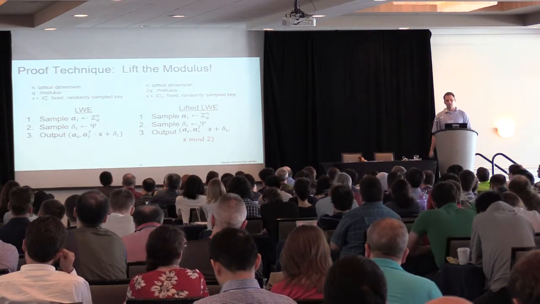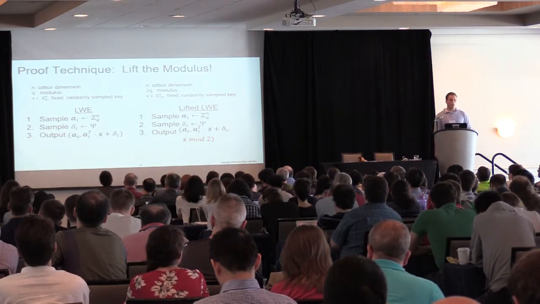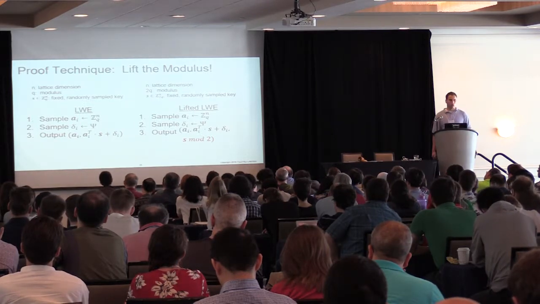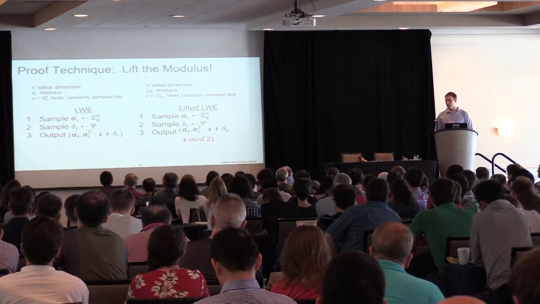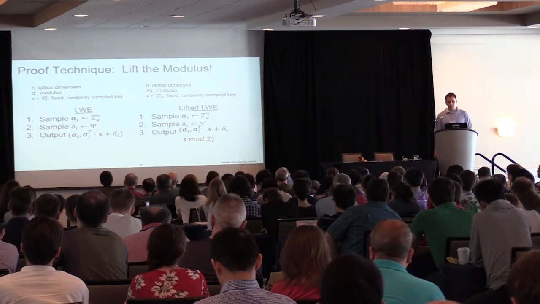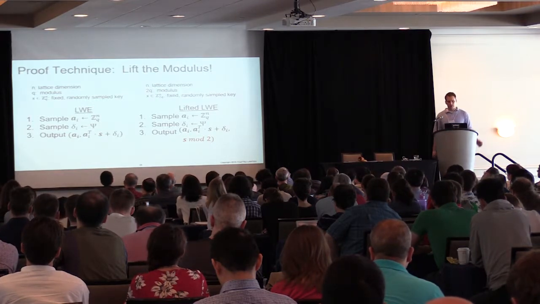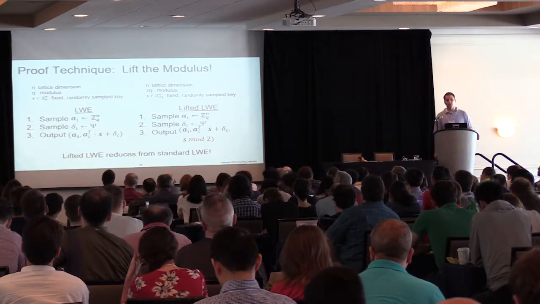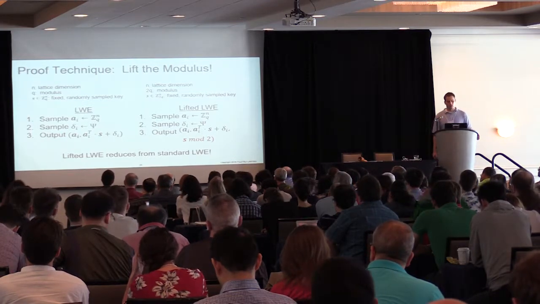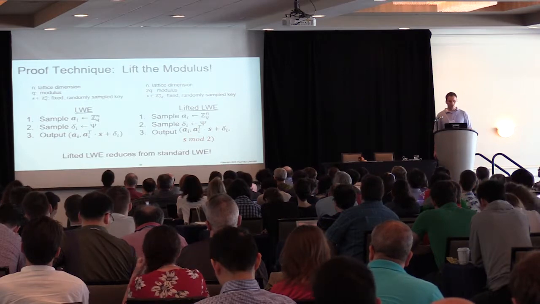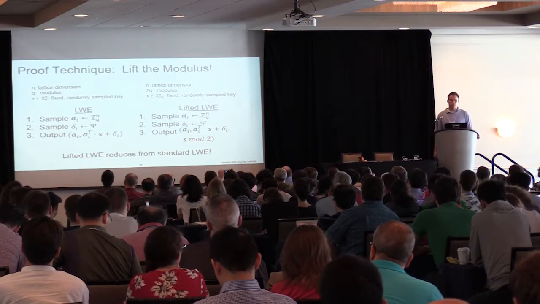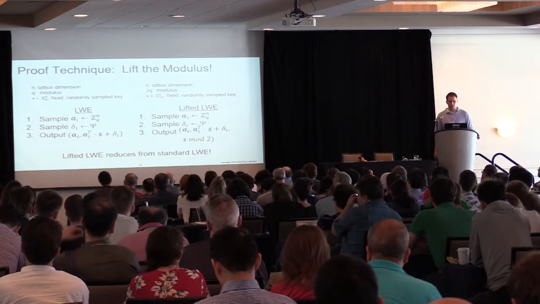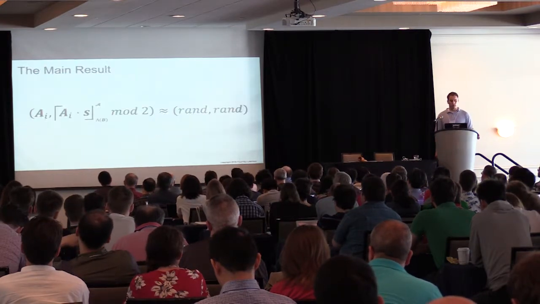So we can leak a little bit of information about the secret and still have security. You might guess that this is very relevant for our being able to output the solution mod 2. That would be correct. This problem reduces fairly simply from standard LWE, and this has been used many times over in the leakage-resilient literature around LWE.